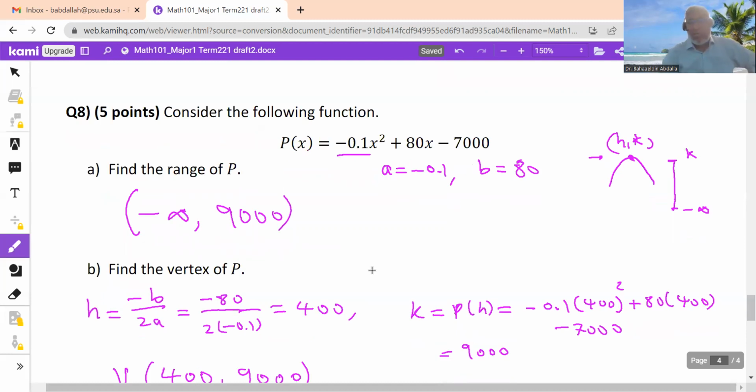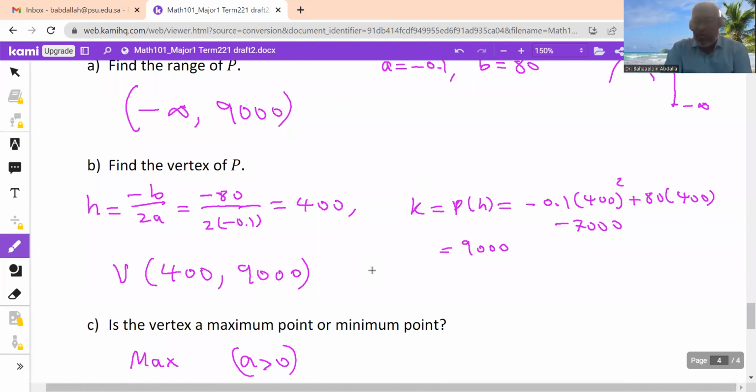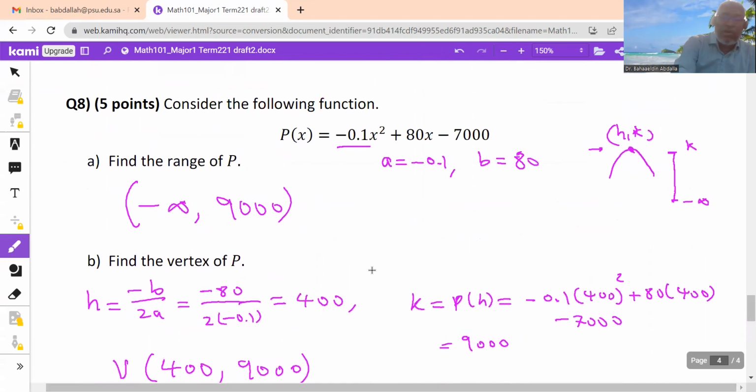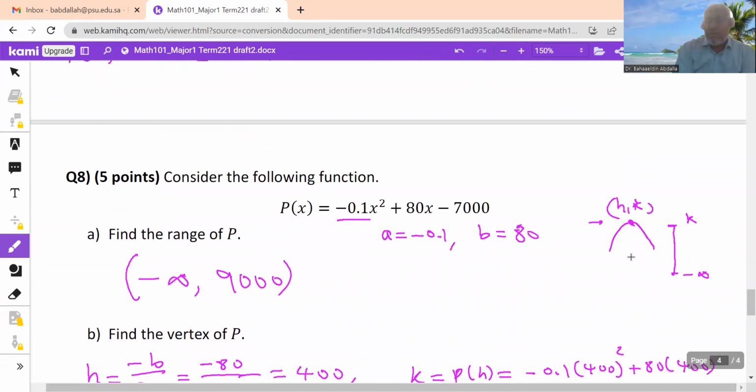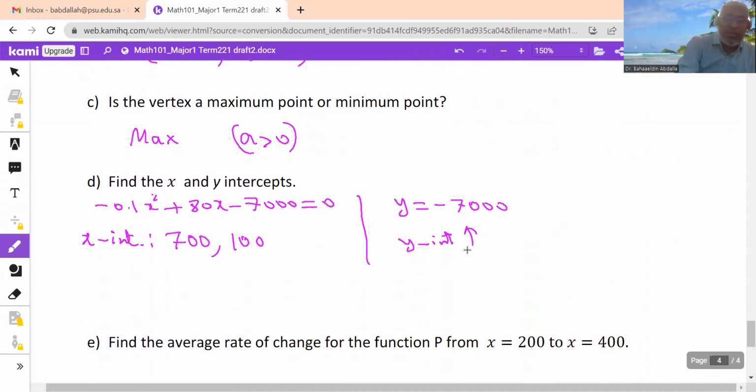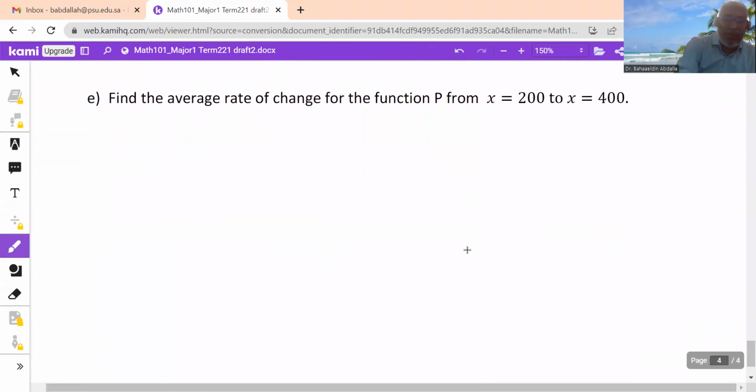You just need to choose a nice unit of measure on the x-axis and on the y-axis, because you have hundreds. So you can go by hundreds on the x-axis, by thousands on the y-axis, and sketch the graph. It would be like this, but you know the x-intercepts and the y-intercept and everything.